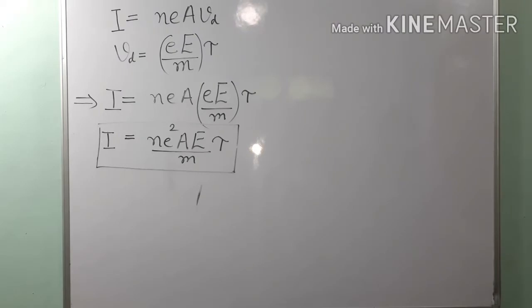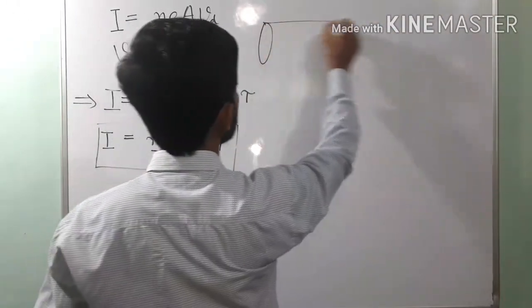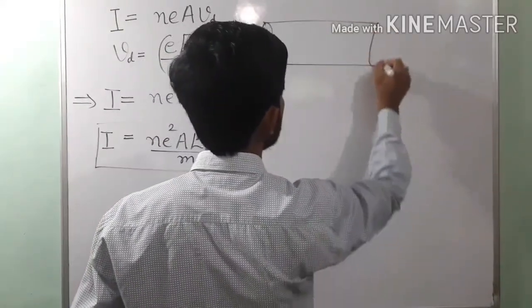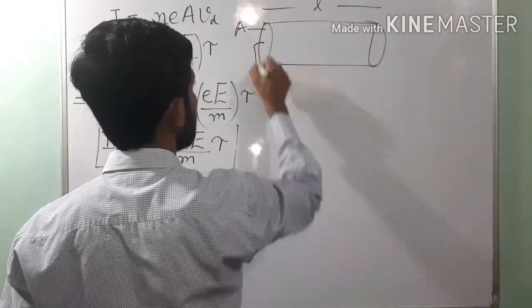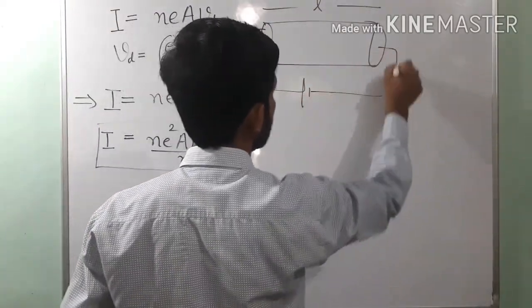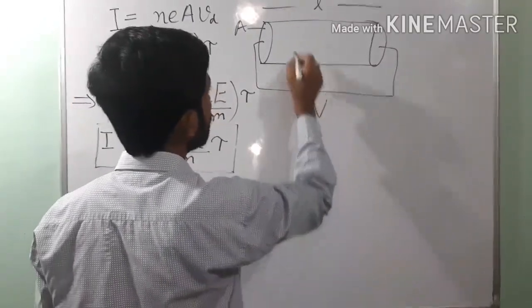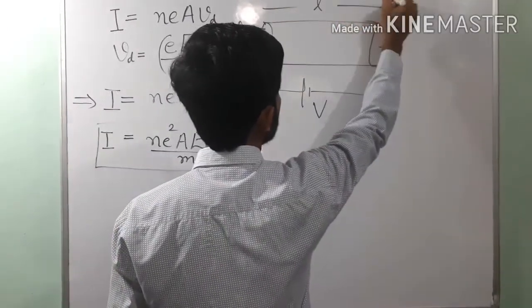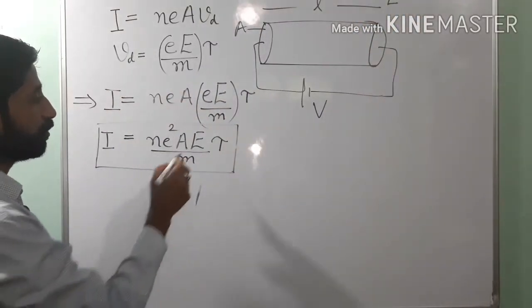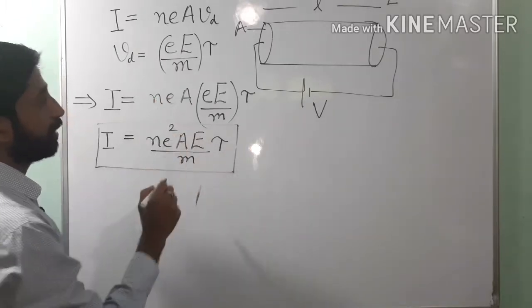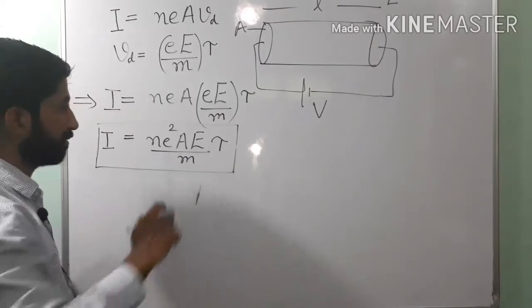If we have a conductor, consider we have a conductor of this sort, of length L, area of cross section A, and this is connected by a battery which is supplying a potential of V, so that the electric field set up in the conductor is equal to E. And we know that this electric field is what? Potential per unit length.